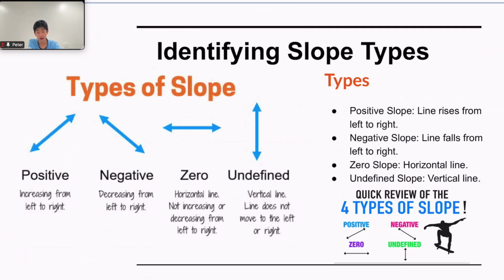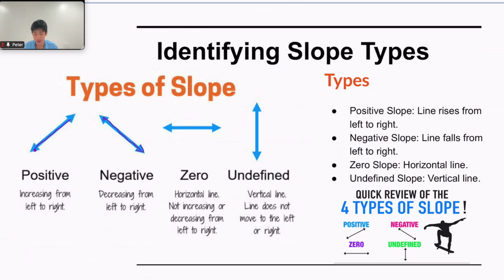Identifying slope types. There are four main types. Positive slope: the line rises from left to right. So it goes up from left to right. And the negative slope: the line falls from left to right, which decreases from left to right.